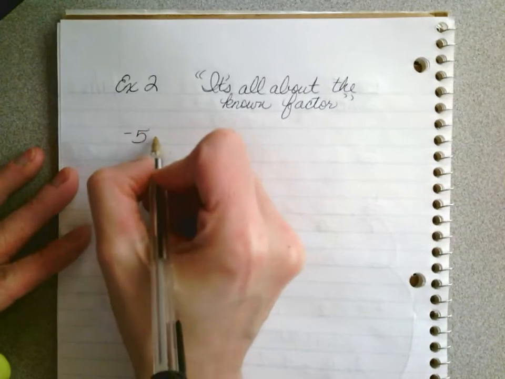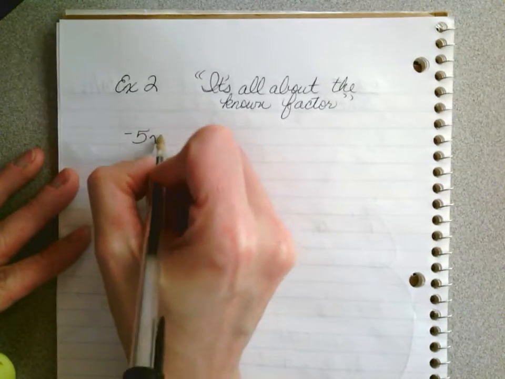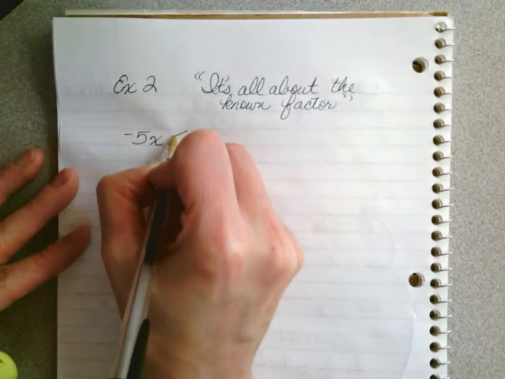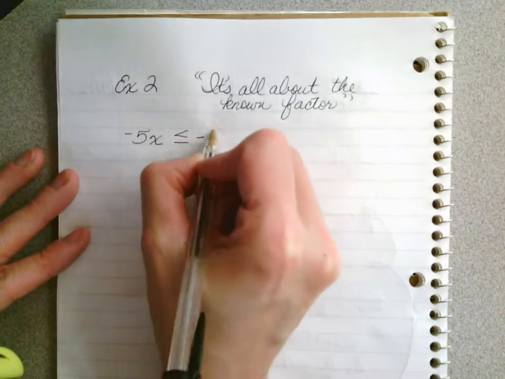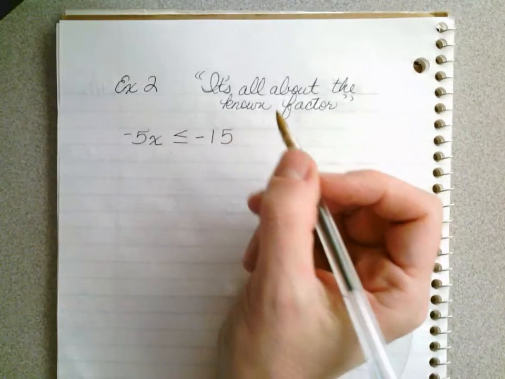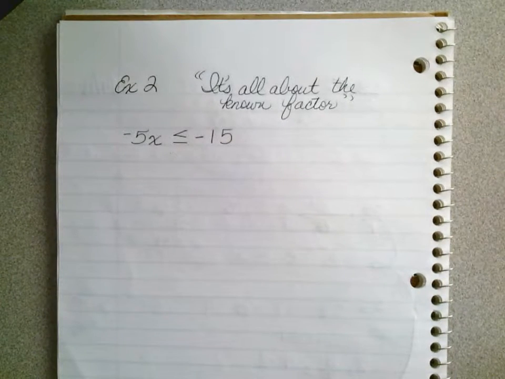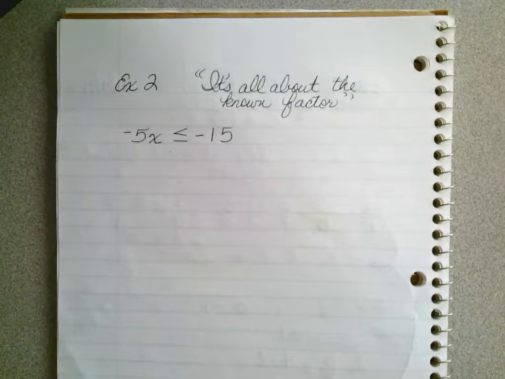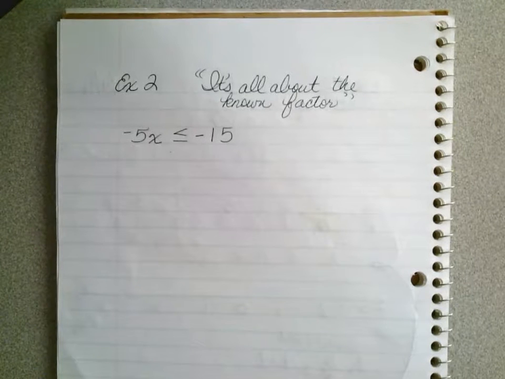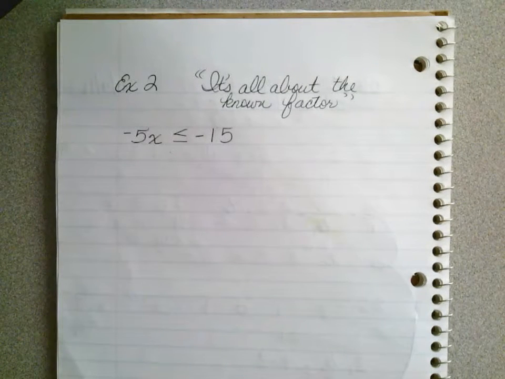Negative 5 multiplied by x is less than or equal to negative 15. Just like an equation, we would solve by dividing by the factor that we know. The factor that we know is negative 5.